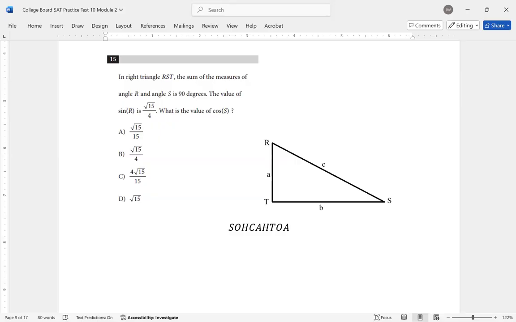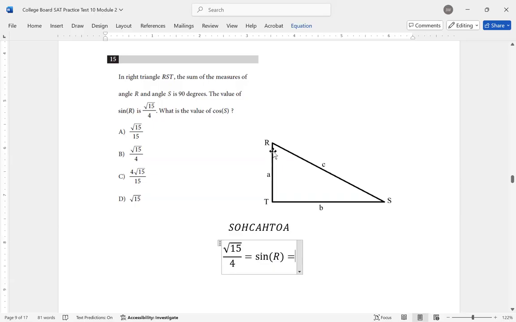Now, it says here that sine of R is equal to the square root of 15 over 4. I'm going to put that on the left-hand side because I want to point something out about what sine of R is.